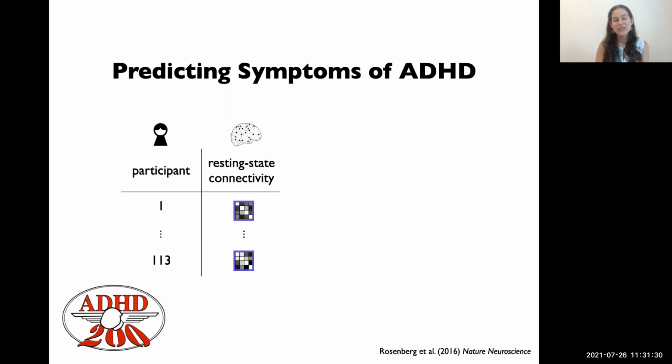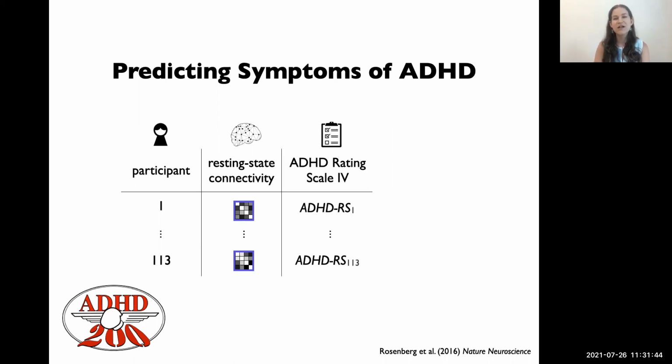For each of these participants, we had a measure of their resting state functional connectivity pattern. So the participants in this sample didn't perform any sustained attention tasks. We only had resting state fMRI data.